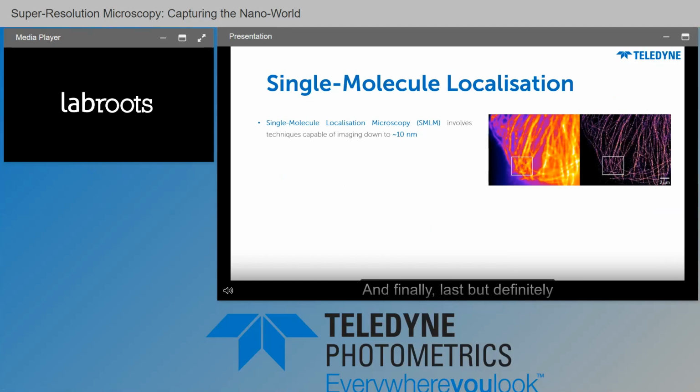And finally, last but definitely not least, is single molecule localization microscopy, or SMLM. This involves several techniques capable of imaging down to 10 nanometers or smaller, so you get really, really fine details with these pictures. You can see here on the left an image taken with a conventional imaging system, and on the right something with SMLM. Fibers are really good at demonstrating these changes in resolution, so you often see a lot of fibers with super resolution.